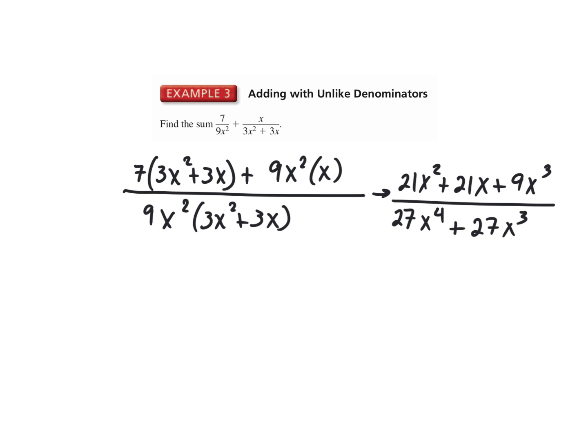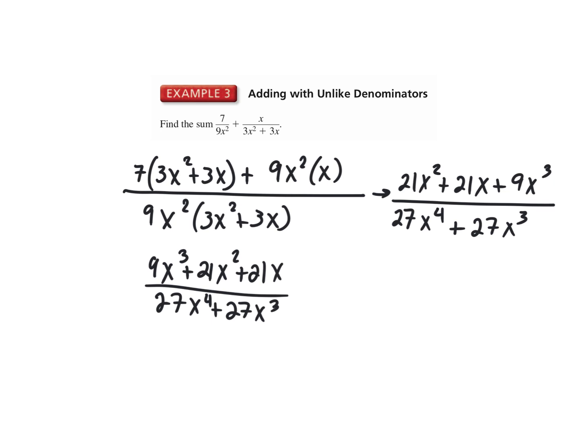So I'm going to end up with 9x cubed plus 21x squared plus 21x over 27x to the fourth plus 27x to the third. Now, I would recommend you choose one, the numerator or the denominator, and start working on it. I don't ever recommend doing both at the same time.